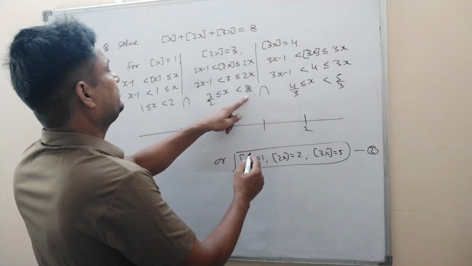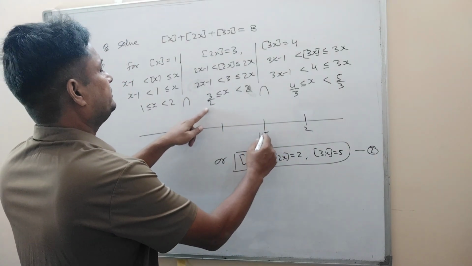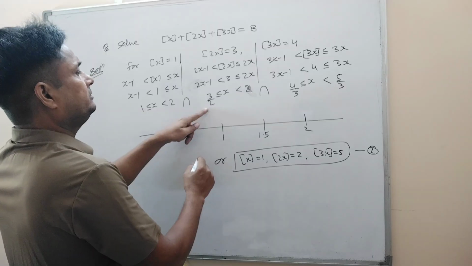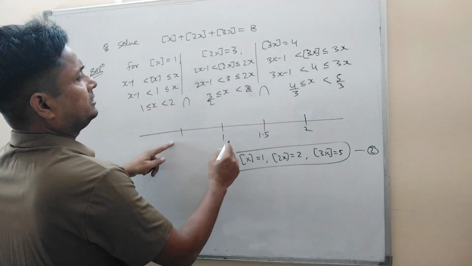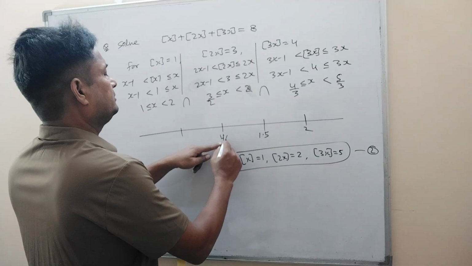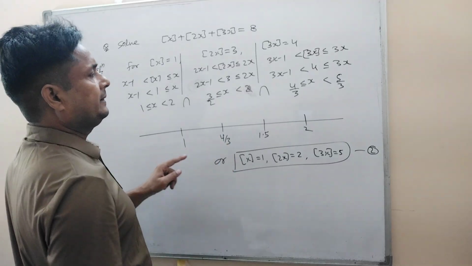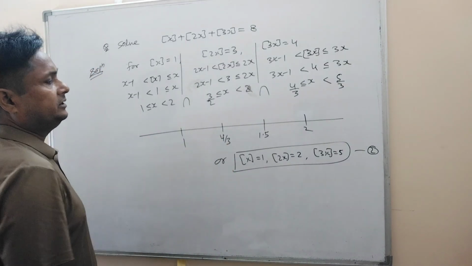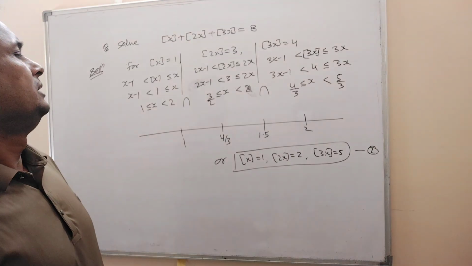This is 2 and this is 1.5 and this is 1, and the next one is what? 4 by 3 and this is 1. Right, these are the values.